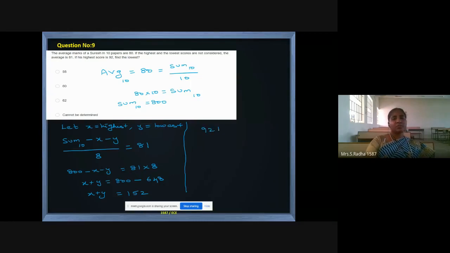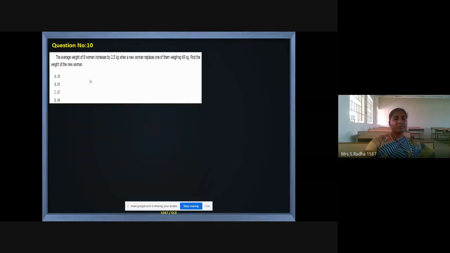X value is 92, so y value we are supposed to find. Total is 152, so y value is nothing but 60 marks. We assumed y is the lowest mark, so answer is 60. We have to put pen on paper, only then we will come up with some answer.